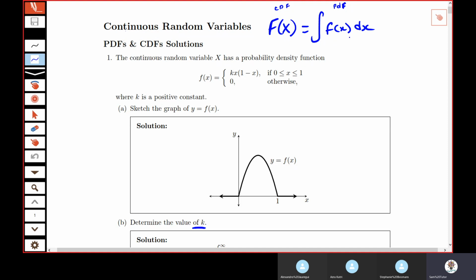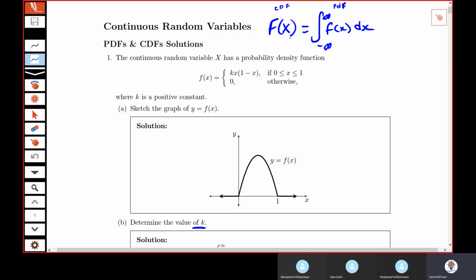Cool? Now what's really important is that this goes from, and this was a little bit annoying last week where they had different limits in your books, negative infinity to infinity of your PDFs. So it's pretty much everything that we have to take into account. But from 0 to 1, we know it's this, otherwise it's 0. So it says determine the value of k.